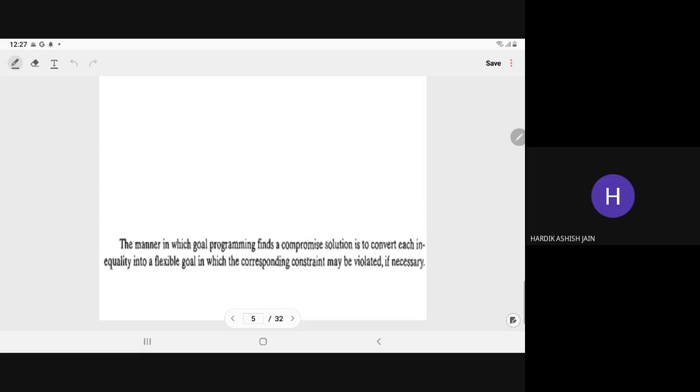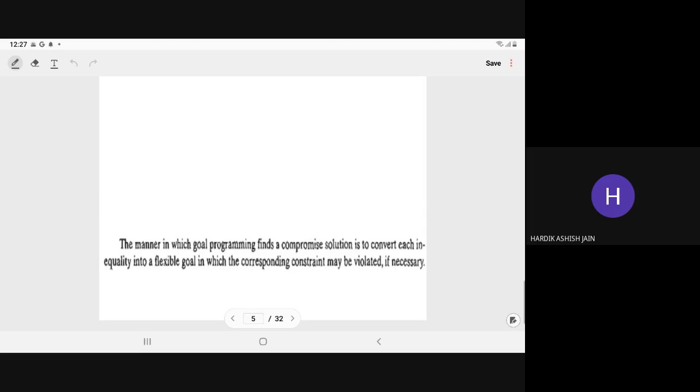So the manner in which goal programming finds the compromise solution is to convert each inequality into a flexible goal. Flexible goal means you have to add s1 minus, subtract s1 plus, in which the corresponding constraint may be violated if necessary.